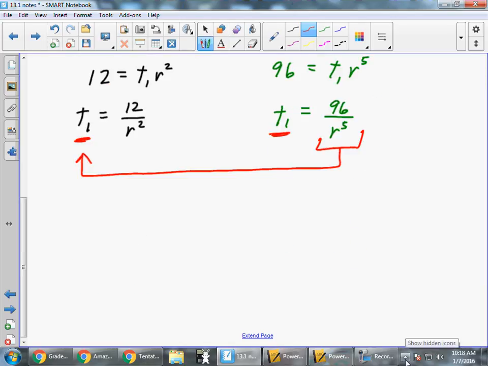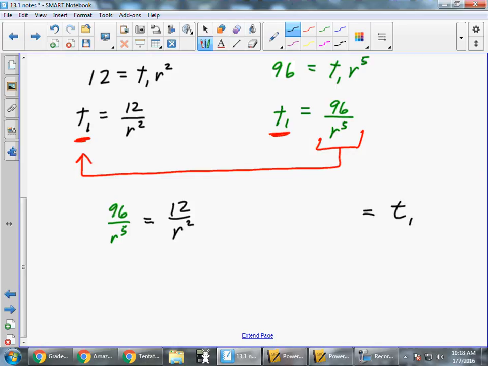Okay? So now, holy smokes, that means I can say 96 over r to the 5th equals 12 over r squared. I believe it. And all of that, I'm just off to the side, I'm going to say equals T sub 1.